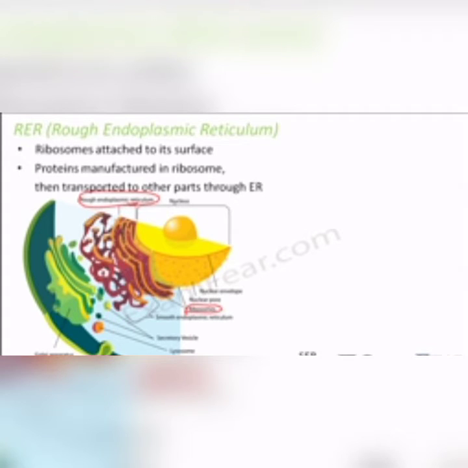See, rough endoplasmic reticulum ends here and then it gets connected to smooth endoplasmic reticulum from here. It is connected continuously with smooth endoplasmic reticulum on one side, and on the other side it is connected at certain places directly to the nuclear membrane. So on both sides it is continuously connected to either the nuclear membrane or the smooth endoplasmic reticulum.